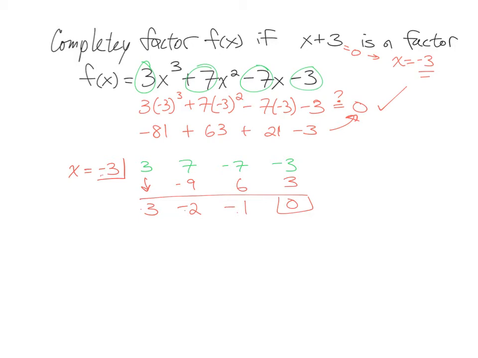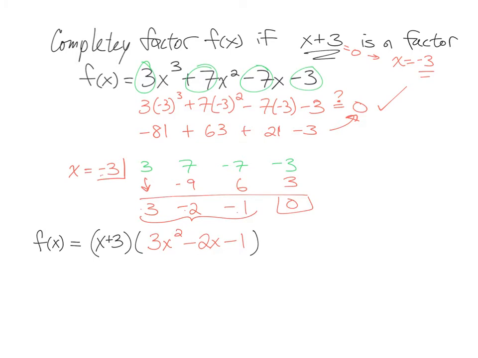So here, what this means then, if I interpret this answer to be 3x squared minus 2x minus 1, I can say now that the function is equal to the factor we were given times this new polynomial we got after dividing.